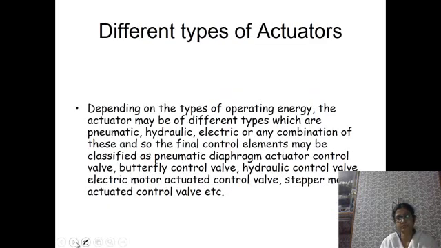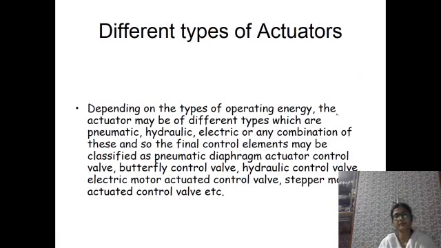So two distinct parts of final control element: the actuator is the sensing part, that is the controller output should be sensed by the actuator, and accordingly the valve will be moved in such a way that the energy adjustment to the process can be done.